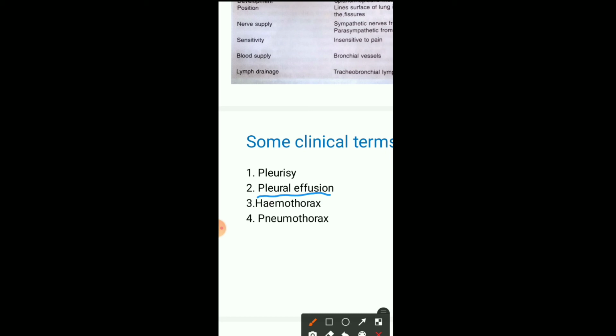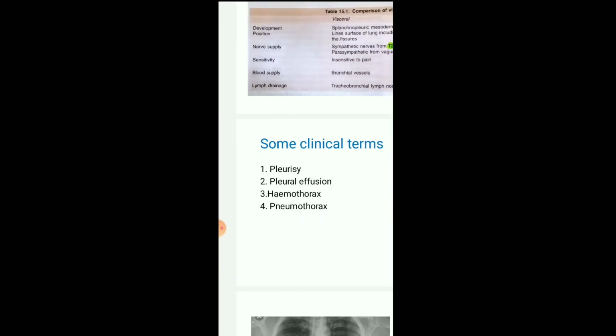Pleurisy means inflammation of the pleura. What is pleural effusion? It is the accumulation of fluid in the pleural cavity, mainly in the potential spaces, which are the recesses we know. What is hemothorax? Accumulation of blood in the pleural cavity. What is pneumothorax? Accumulation of air in the pleural cavity.